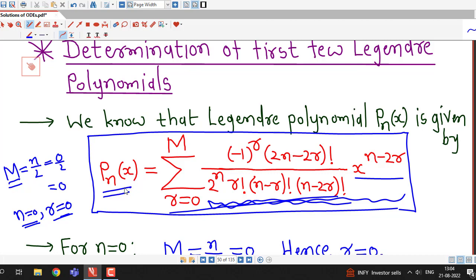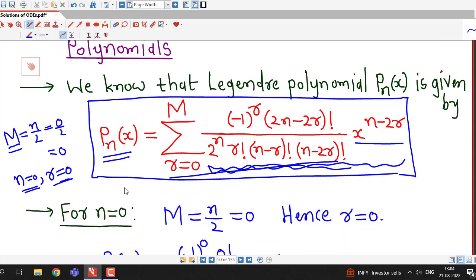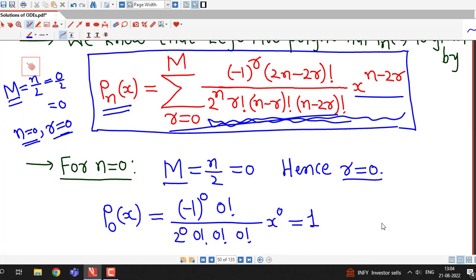I have written here capital M is 0, hence r is 0, and we put n equal to 0 here, that is P_0(x). Here we take r equal to 0, so we have minus 1 raised to 0, n is also 0, r is also 0, so this is 0 factorial.